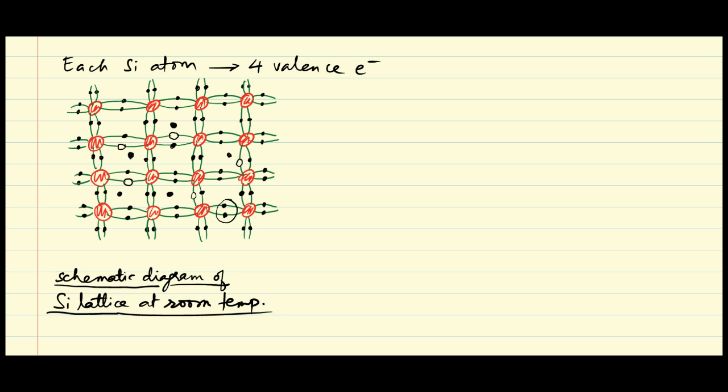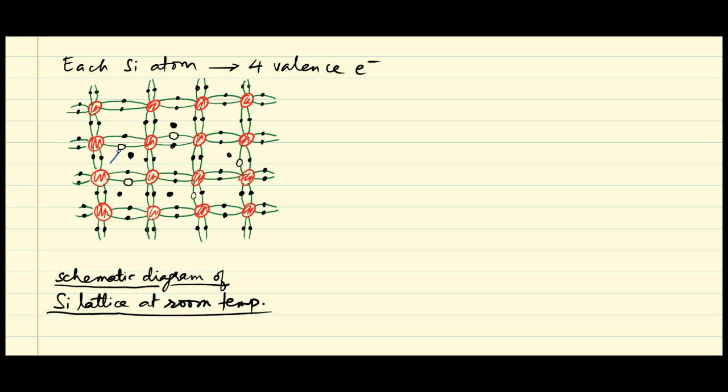Now that's of course expected, that's the normal behavior, but some of them will have a single electron. So you can see this one for example, and in place of the second expected electron you will see an empty position which has been vacated by an electron which is now free.